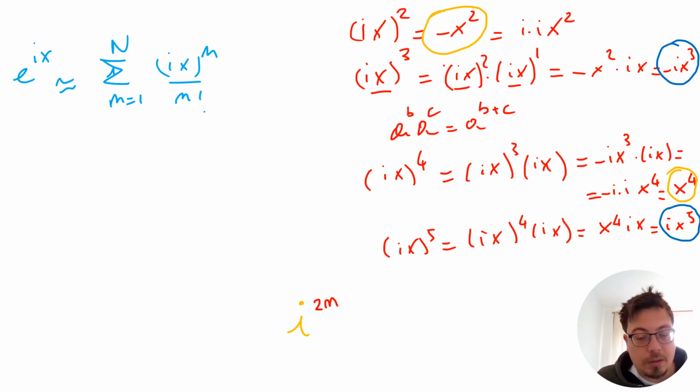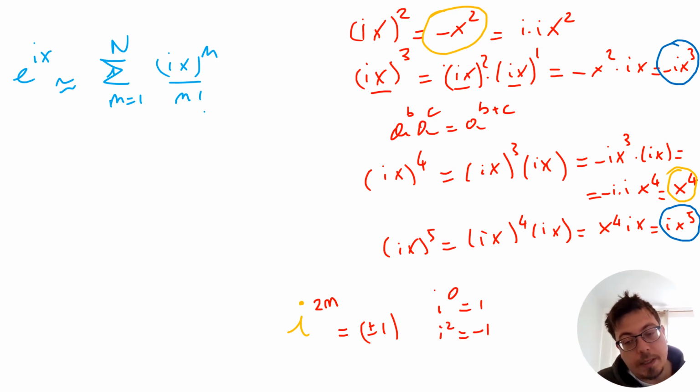So i to the 2n is even, and this is either plus or minus. Can be plus or minus. In fact, for example, i to the 0 is 1, i to the 2 is minus 1, i to the 4 is again 1, and go on and on and on. I to the 6 is minus 1.